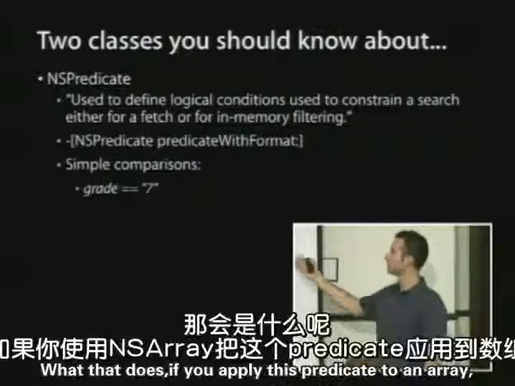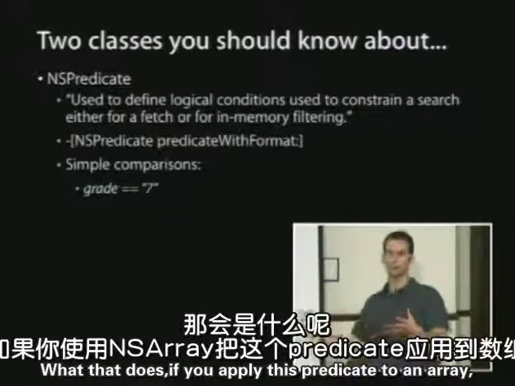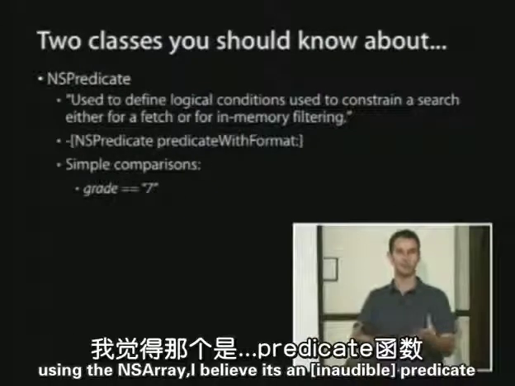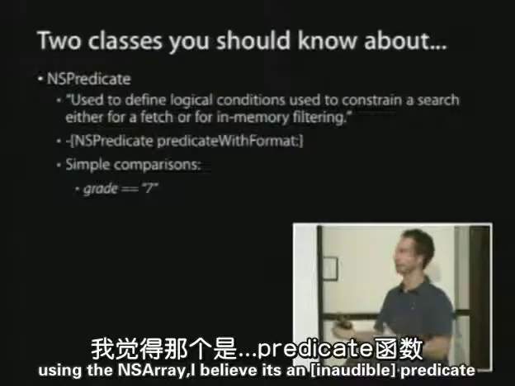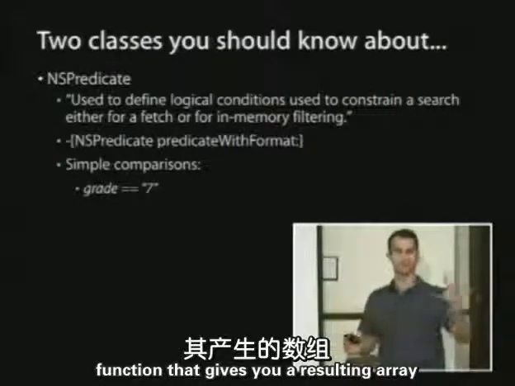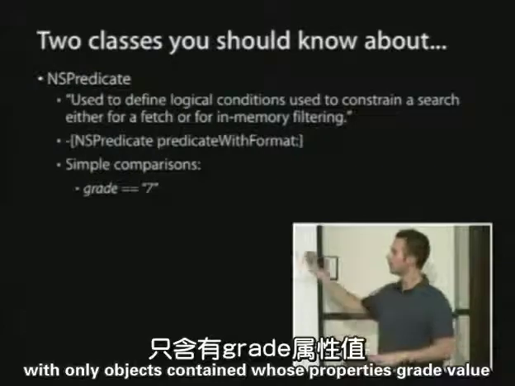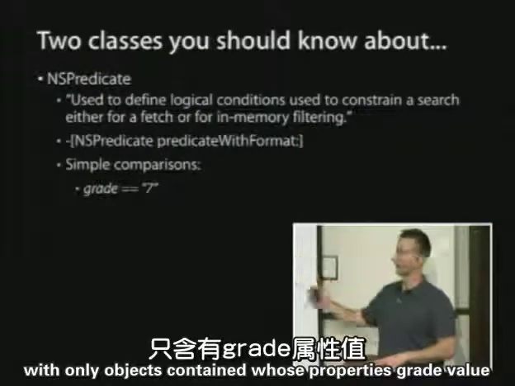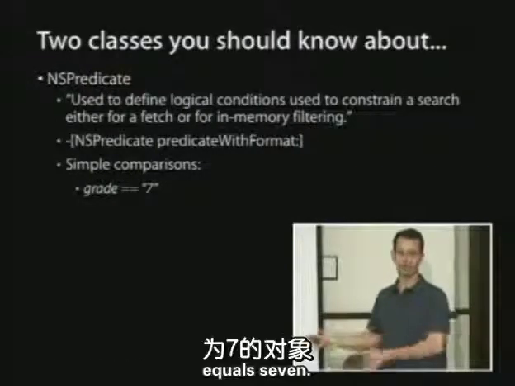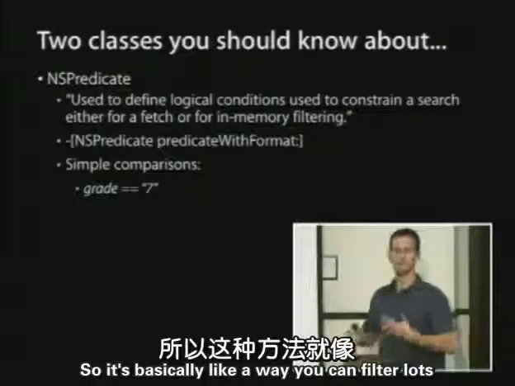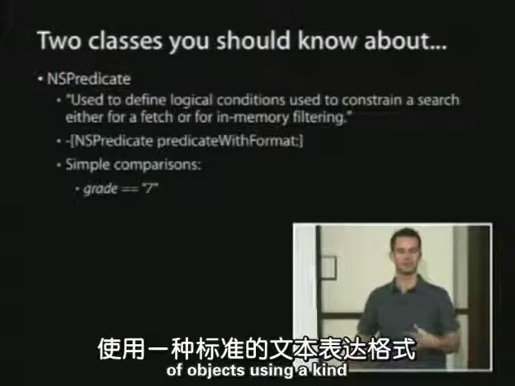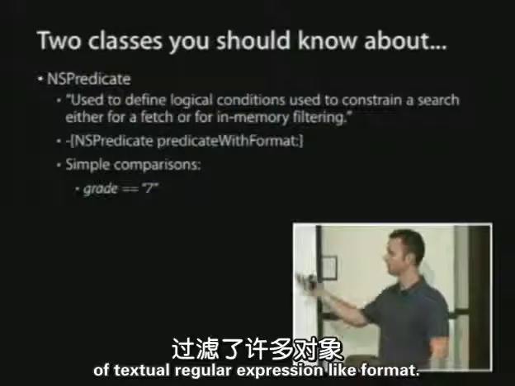And what that does, if you apply this predicate to an array using the NSArray filteredArrayUsingPredicate function, I believe, it gives you a resulting array with only objects whose property grade value equals 7. So it's basically like a way you can filter lots of objects using a kind of textual, regular expression-like format.